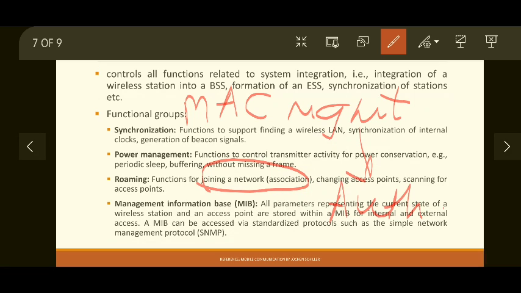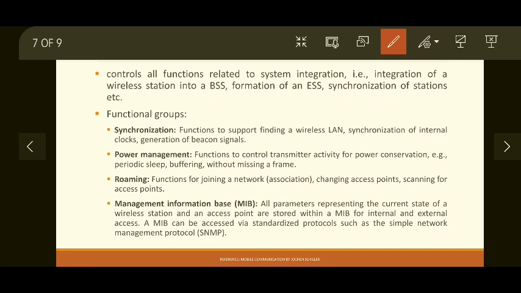Association with the network is nothing but authenticating the devices to avoid any rogue user or intruder from accessing the network. This authentication mechanism will be covered later on. Then changing the access points and scanning for access points is also done by the roaming functional group.